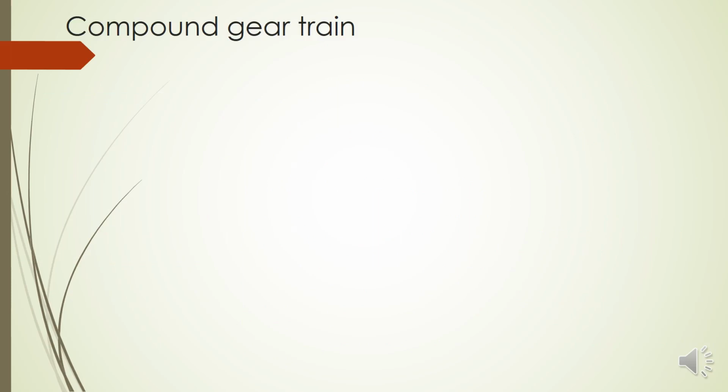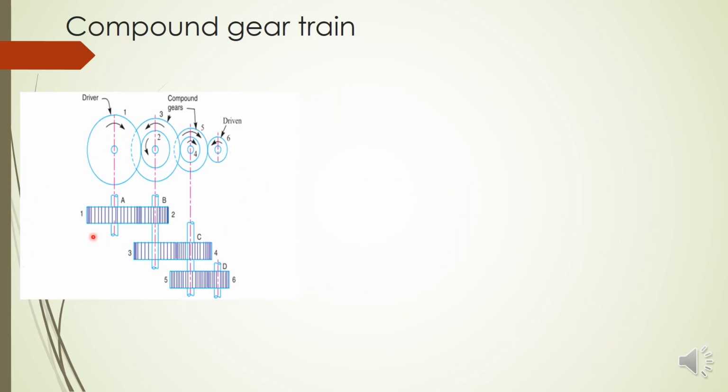What is the difference? This is a figure of a compound gear train. Have we identified any difference between this and a simple gear train? Yes, you can see here, in a compound gear train, one shaft may contain more than one gear. If you take the top view of this gear train and see figure B, shaft B has two gears, 2 and 3.